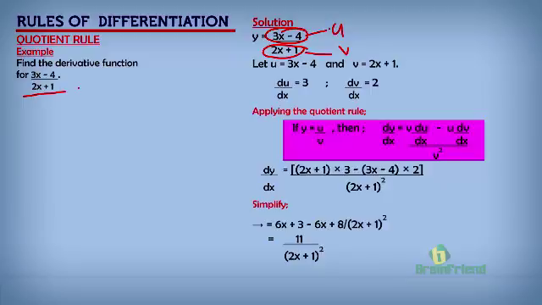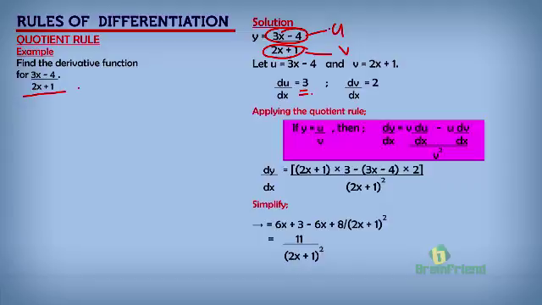U is 3x minus 4 and v is what? 2x plus 1. Now, differentiating u, that is the derivative of u, which is 3x minus 4, would give us what? 3. Of course, if we use our sum or difference rule, the derivative of 3x would be 3. The derivative of 4 is 0. Hence, we have 3 as the derivative of u.